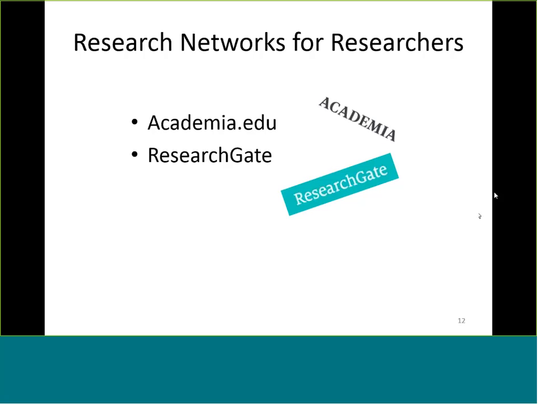You will likely see ads. There's some spamming sometimes involved. You may get emails or connection requests from people reaching out to connect with you on these sites for commercial reasons, not necessarily just to collaborate with you as a researcher.